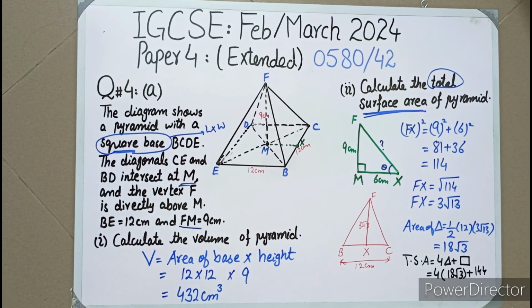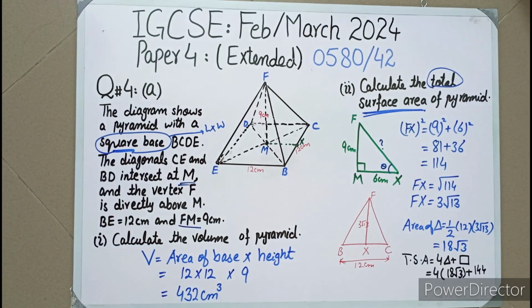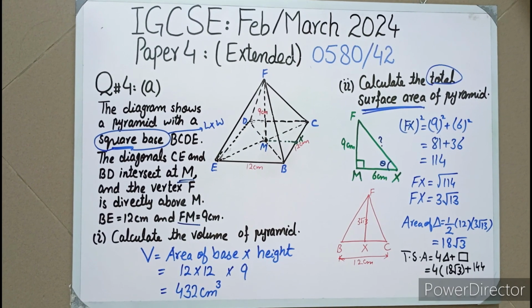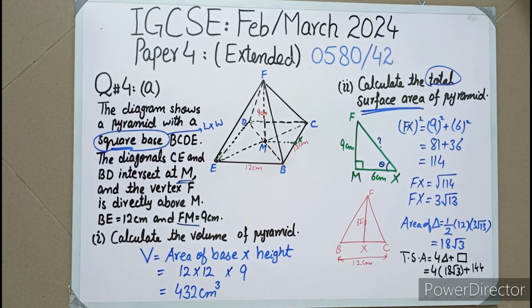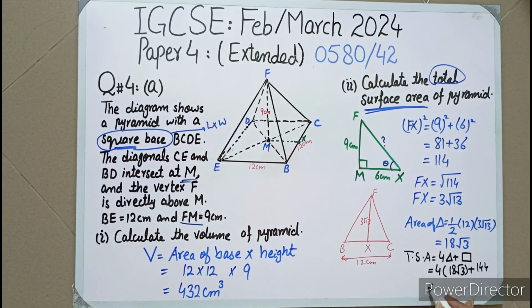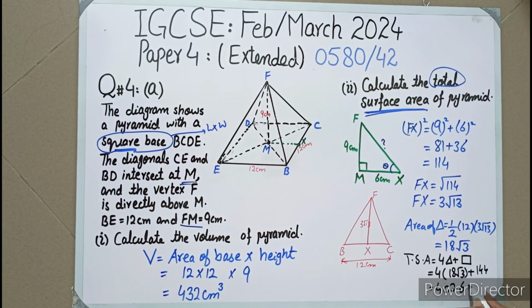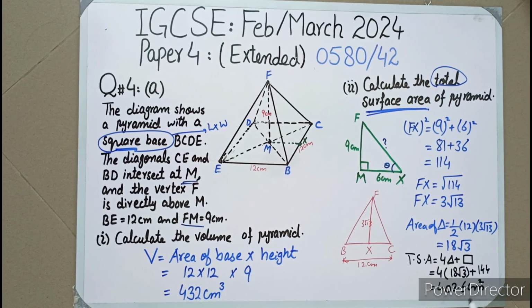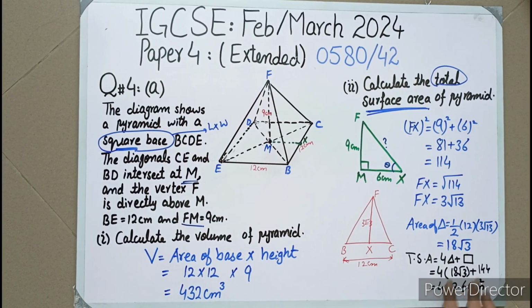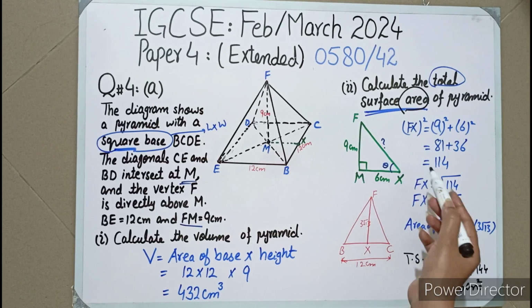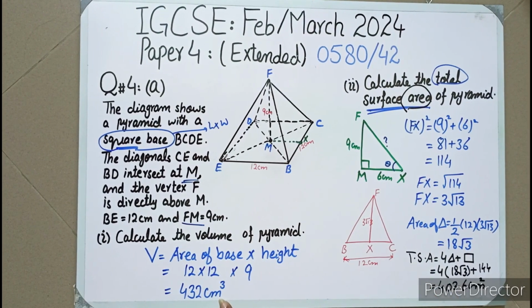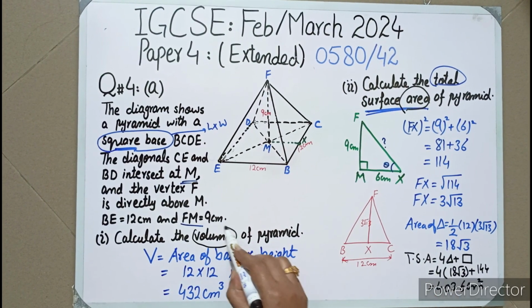After solving it on calculator, as this is a calculator paper, you will get the answer 403.6 centimeter square. Here centimeter square is a unit for area, whereas in the previous case centimeter cube was a unit for volume.